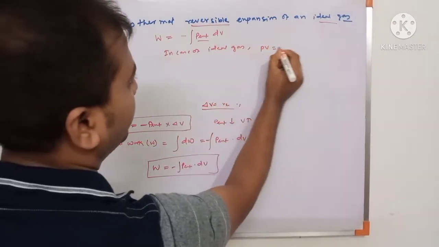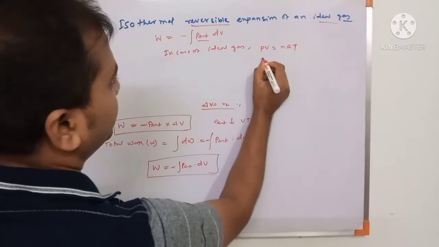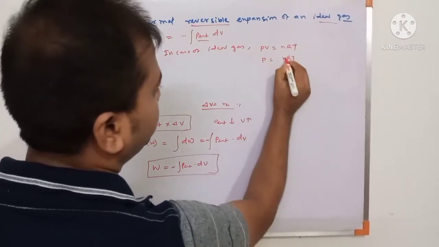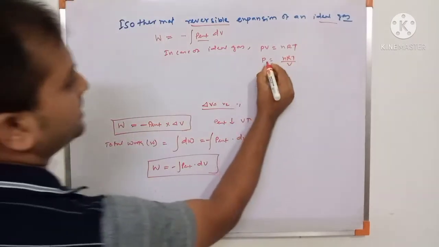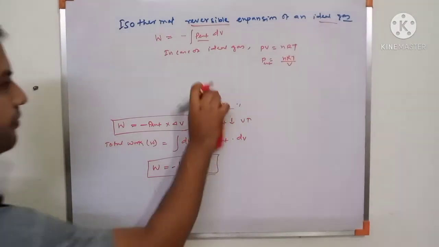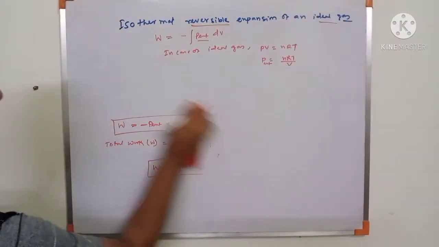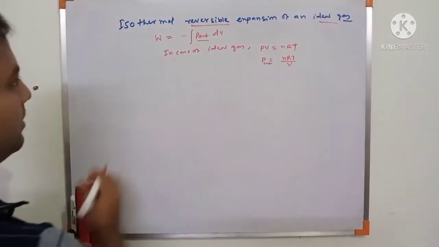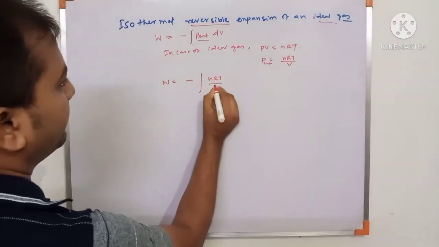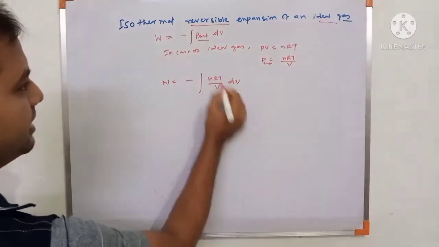we know PV equals nRT. So P equals nRT by V. This pressure is the external pressure. Now work equals minus nRT by V into dV, substituting this value for P external.